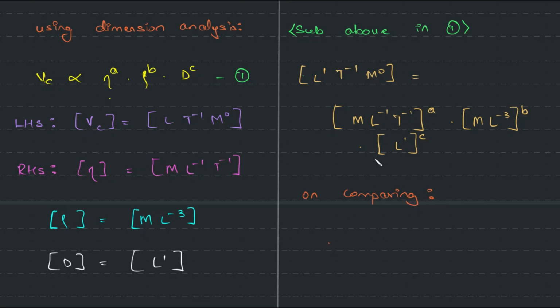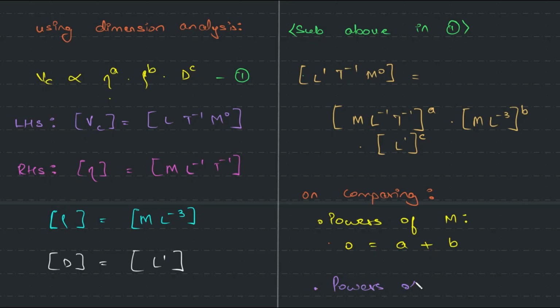When you take up powers of M, on the left hand side we have 0, and you have A plus B. That's the total power; I'm just using a simple set of exponent formulas.